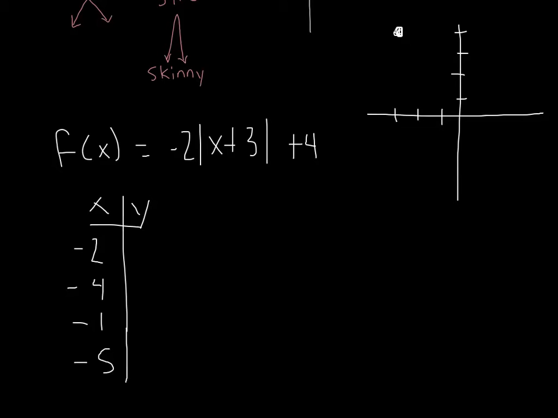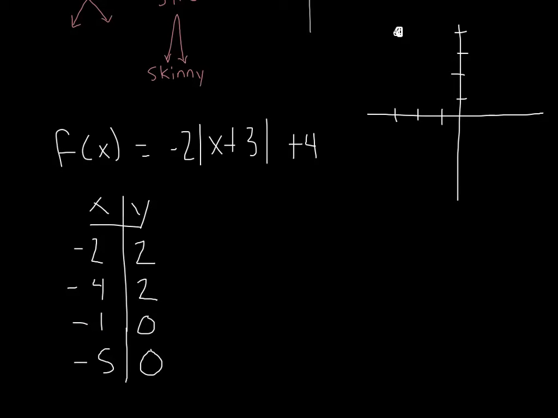When we plug the value -2 in right here, we're going to get a value out of 2. When we plug -4 in, it's also going to give us a 2. I'm not showing the work for that, but you can go through and do the computation. When we plug in -1, we get out 0, as we do when we plug in -5.